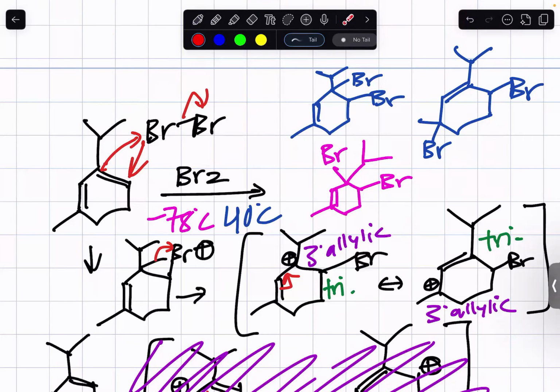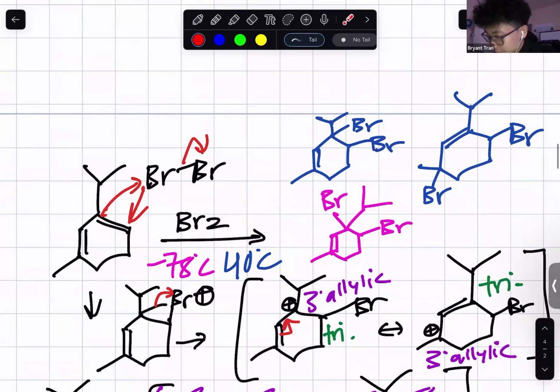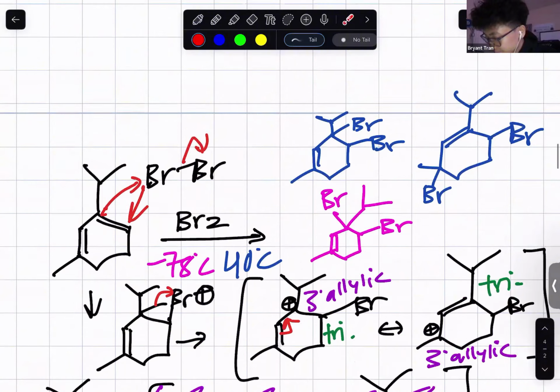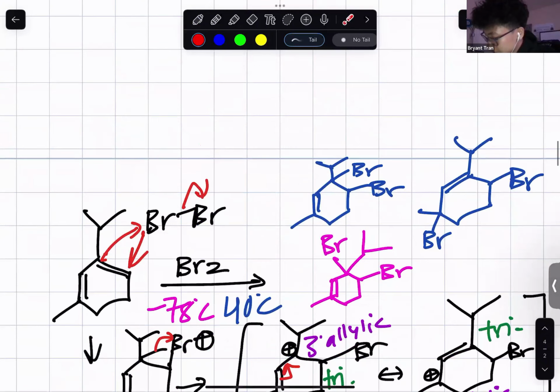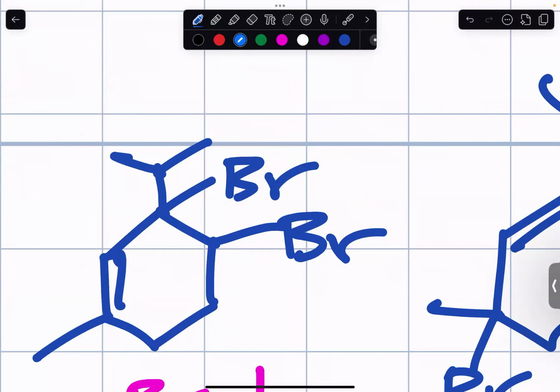And then you're going to see, when you do these reactions, 1-2 addition, 1-4 addition. What that basically means is that this is the first bromine you added on right here, and I'm going to do that in red.